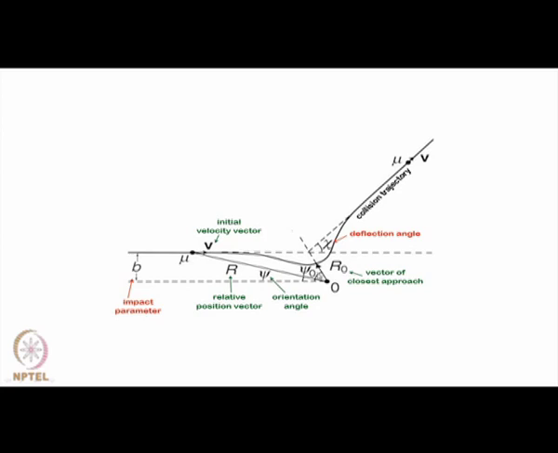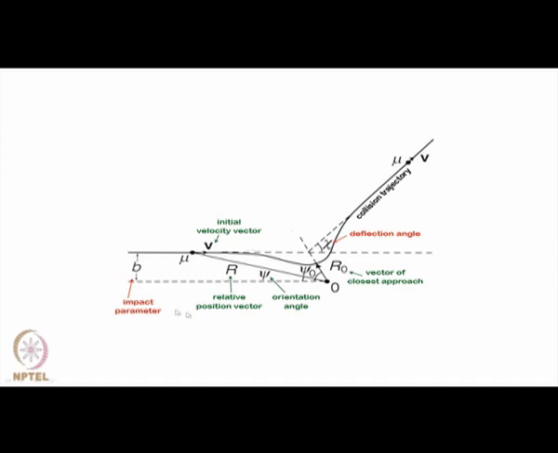Psi 0 is the angle at the midpoint with respect to the initial velocity vector. Psi is the orientation angle, that is, the angle that this r vector is making with respect to the initial velocity vector.